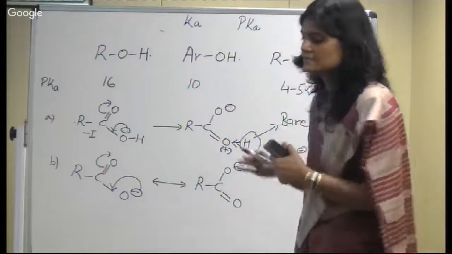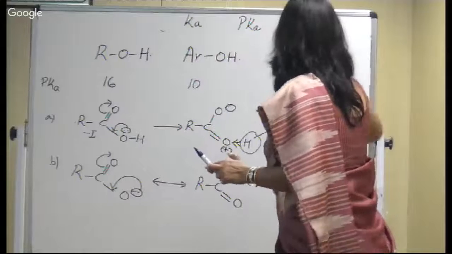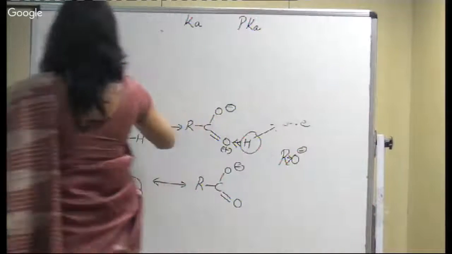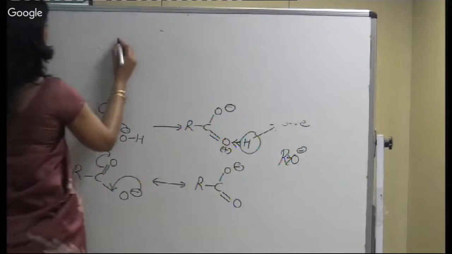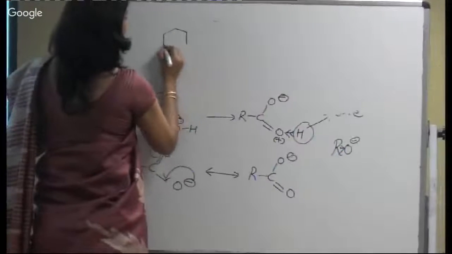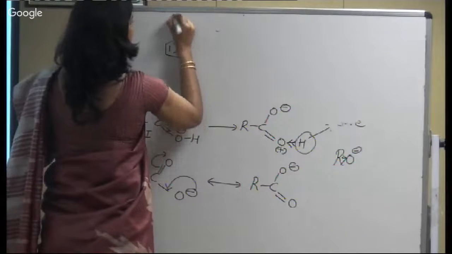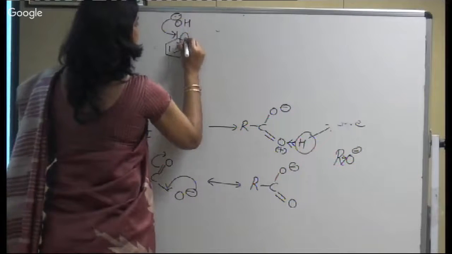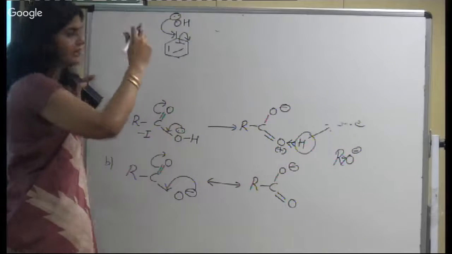Regarding phenols, if we see the phenols, I will write the structure and explain. Again, you have resonance. Because of resonance, what happens is the lone pair of electrons on oxygen are getting delocalized onto the ring.